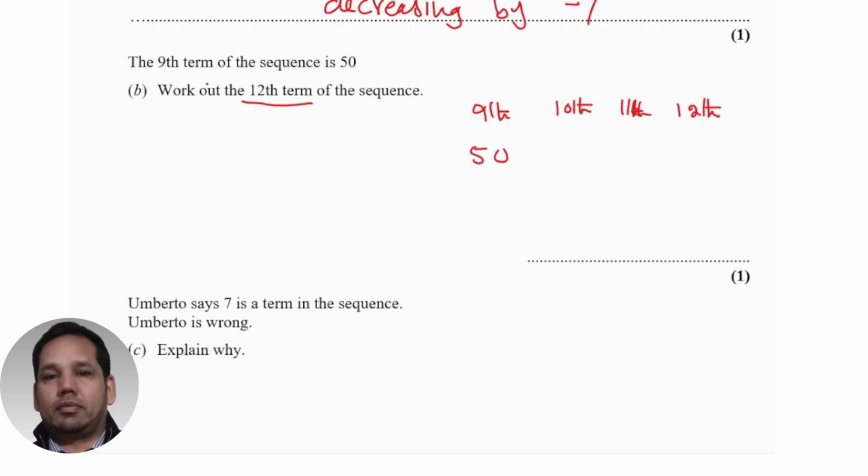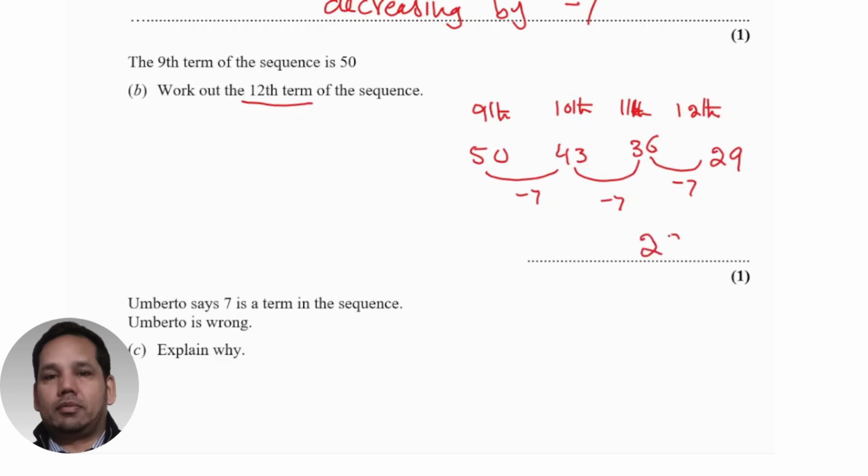So the rule is the same. So 50 minus 7, what will we get, guys? 50 minus 7 is 43. 43 minus 7 is, you are allowed to use a calculator, guys. We'll get here 36. 36 minus 7 is 29. So what would the 12th term be? 29.